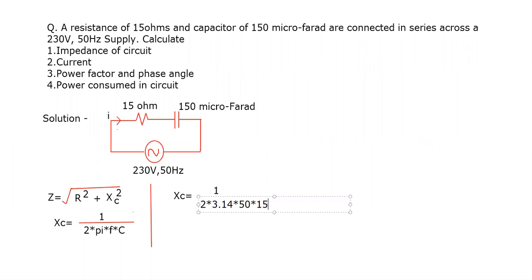So 150 into 10 to the power minus 6. So it is the formula.